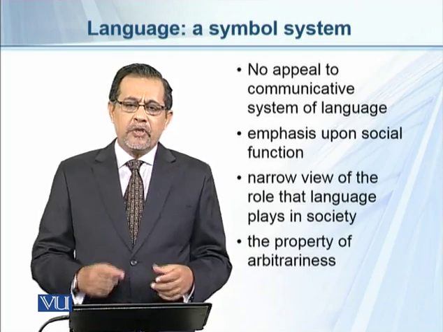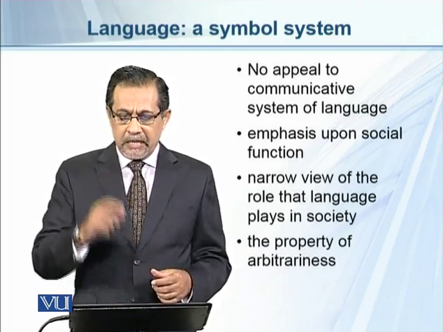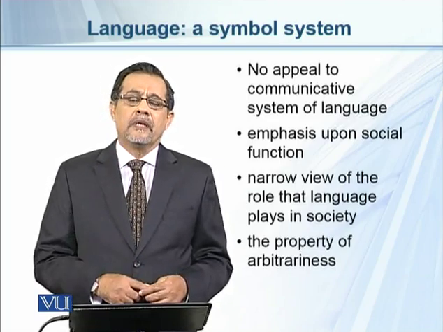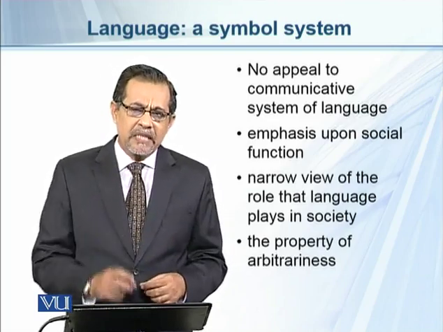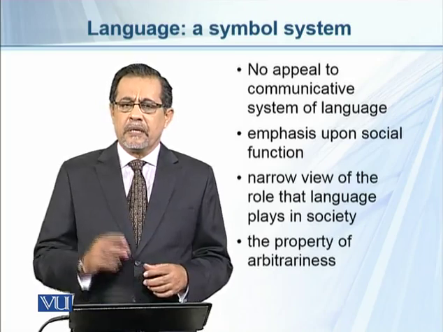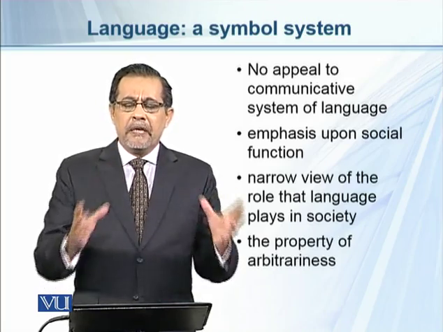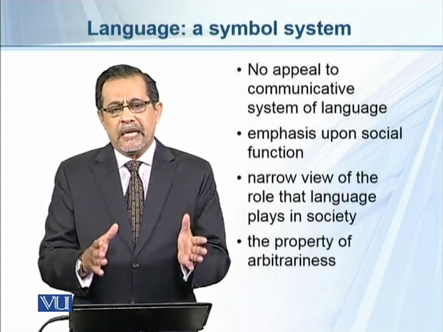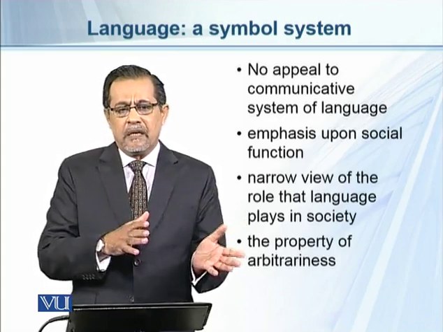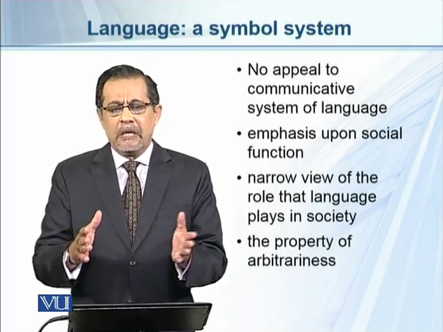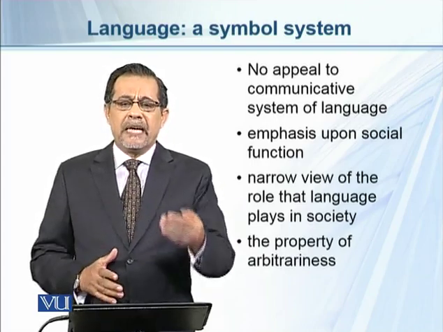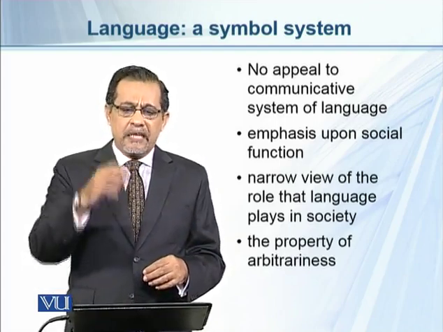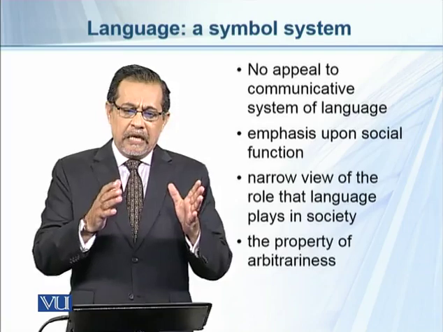The important thing that I just said is that language has the property of arbitrariness. So let's see what this arbitrariness is. When we say that there is an arbitrary relation between two things, it means that they don't have any intrinsic relationship. Let's make it more precise.